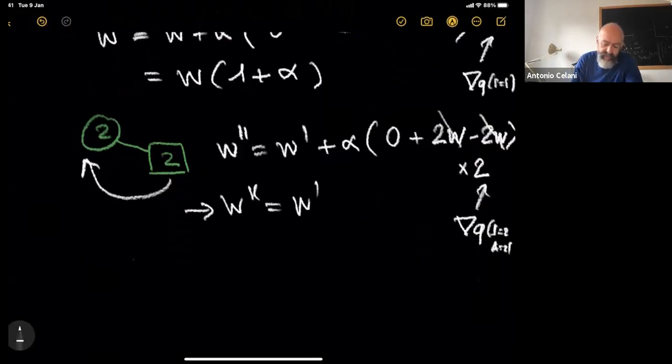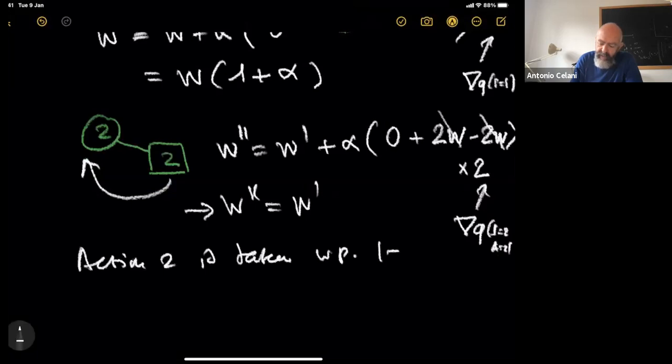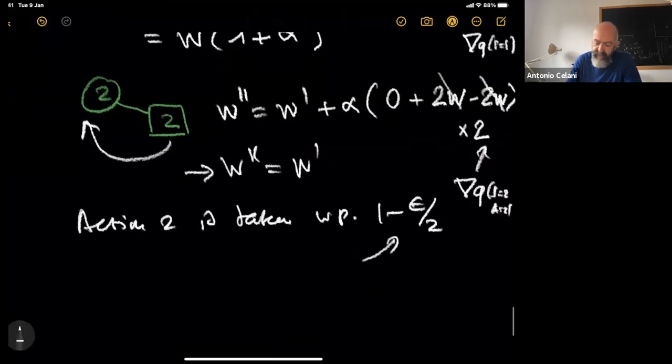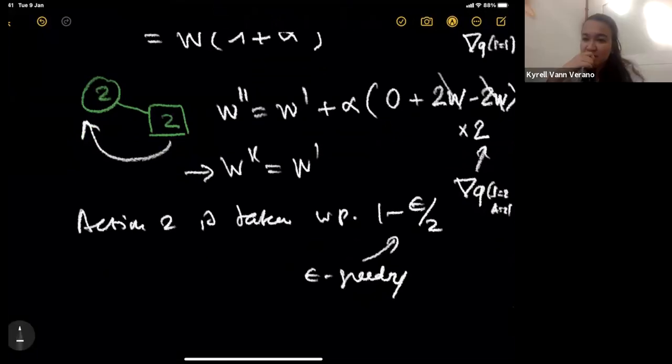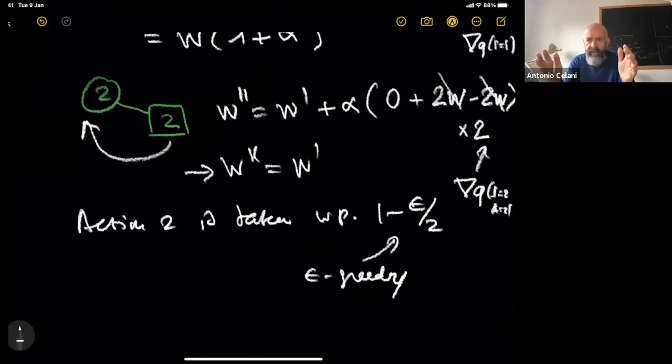And this is happening when you take action 2. Action 2 is taken with probability 1 minus epsilon over 2, because this is the epsilon greedy recipe. Why epsilon over 2? Because with probability 1 minus epsilon, you take action 1, and with probability epsilon halves, you take action 2, and with probability epsilon halves, you take action 1 again.